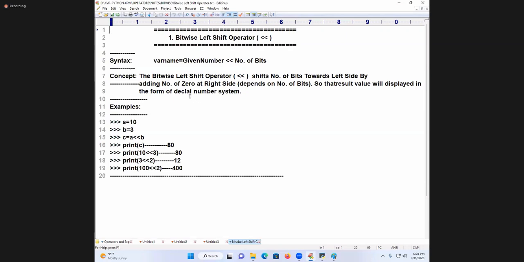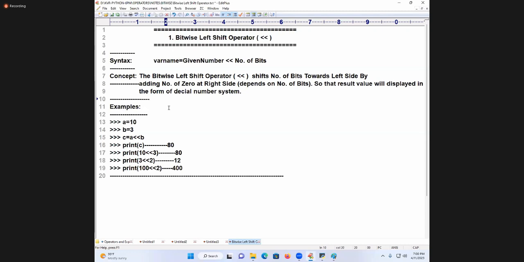Read out this concept now. Variable name is equal to given number double less than number of bits. What is the concept? The bitwise left shift operator shifts the bits towards the left side by adding zeros at the right side. How many zeros? Depends on the number of bits. So that result will be displayed in the form of the decimal number system. Already I told you, na?